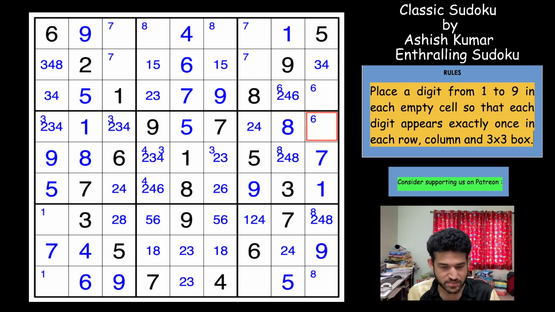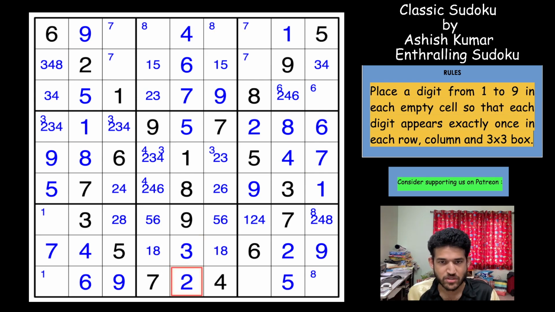That fixes the 6 here, which means this is 2, 4. Okay, so you have a 2, 4 pair. 2, 4 pair again here. Okay, this 4 resolves that. That's a 2. That's a 4. That's a 2. This 2 gives a 3, gives a 2. And that 2 finishes off box 4.